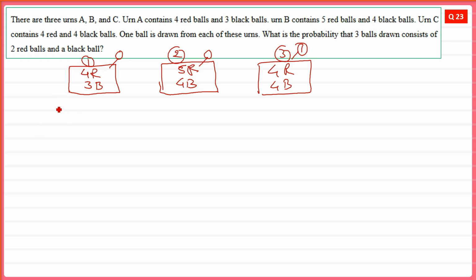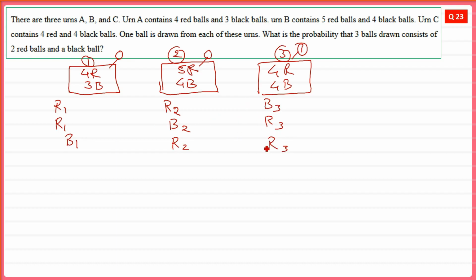First one red, second also red, and from the third we get the black ball: R1, R2, B3. Another: first is red, second gives black, and third gives red. There is one more combination. It has to be RRB, RBR, or BRR, so black, red, red.